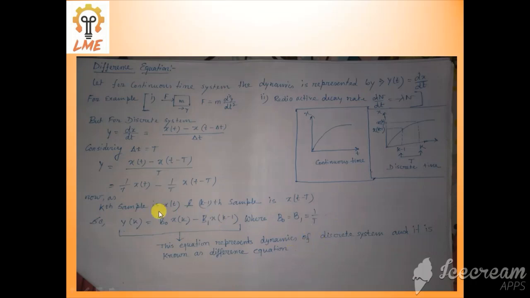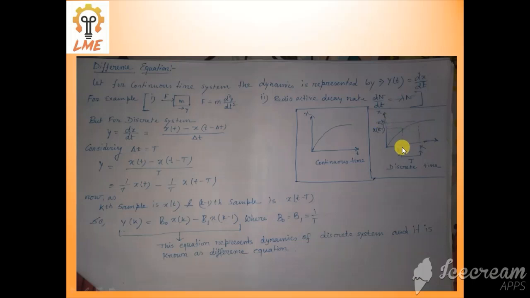So this is actually a difference equation, not a differential equation, and this difference equation describes the dynamics of a discrete system. See here, this is the (k-1)th sample and you get the value x(k-1), and this is the kth sample and you get the value x(k).